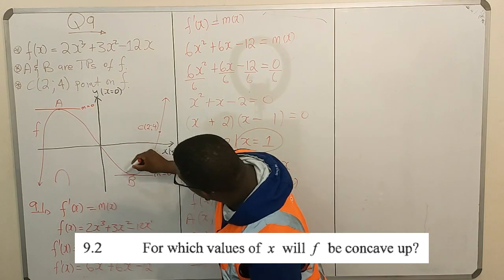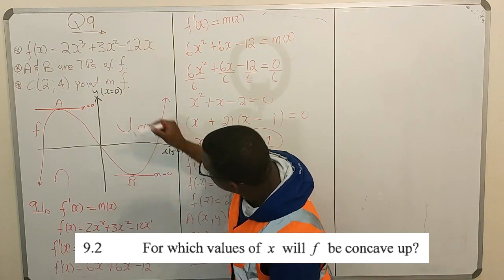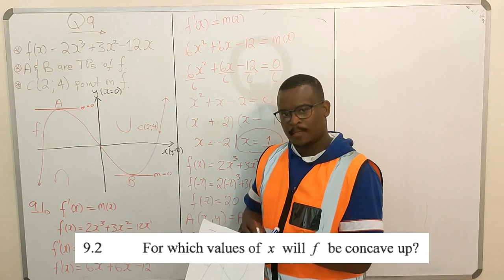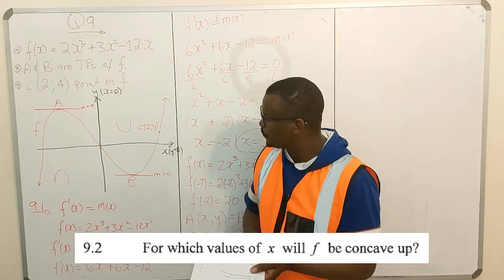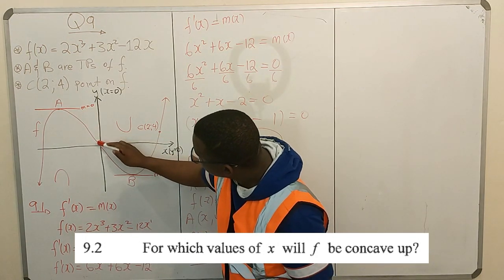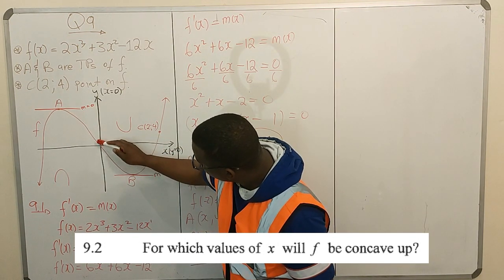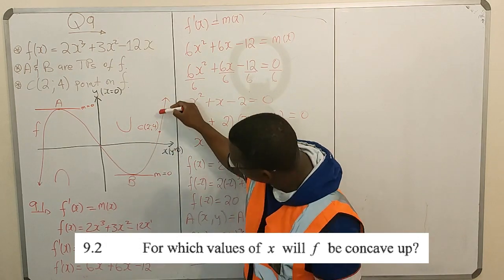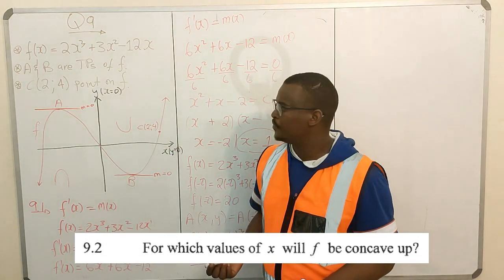And then from this point going down, it's concave up, it has a shape like this. That's what we call concavity.